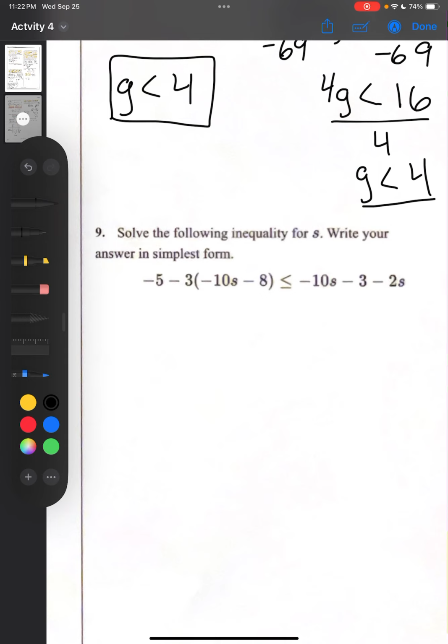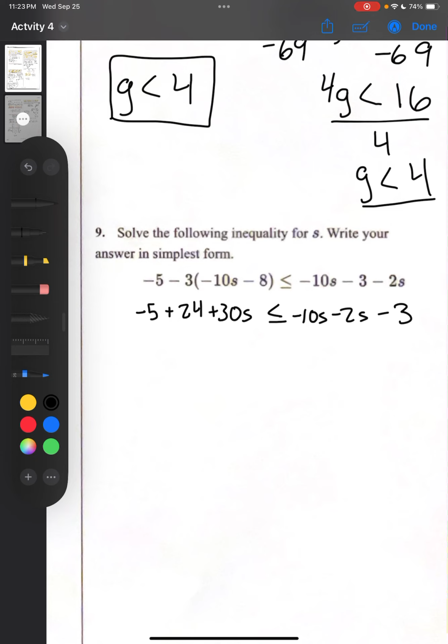So this is going to be -5 plus 19. Oh, wait, 24 plus 24. Sorry about that. 24 plus 30s is less than or equal to -10s minus 2s minus 3.